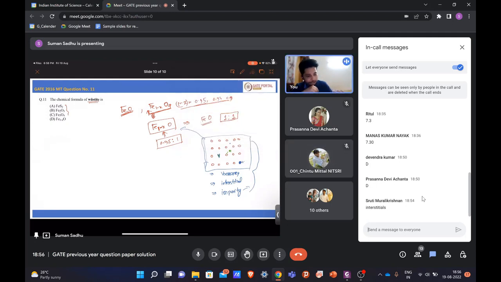I'm not writing in terms of plus iron or something, I'm writing in terms of valency, right? So this is iron, and let's say this is oxygen, minus 2 means oxygen. So again iron, oxygen, iron, oxygen, iron, oxygen.